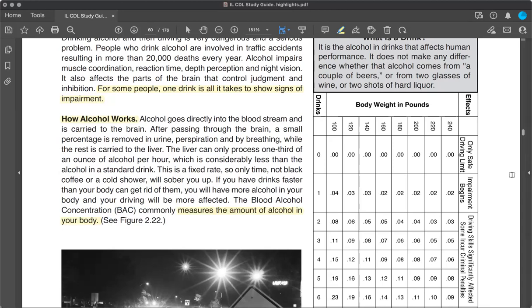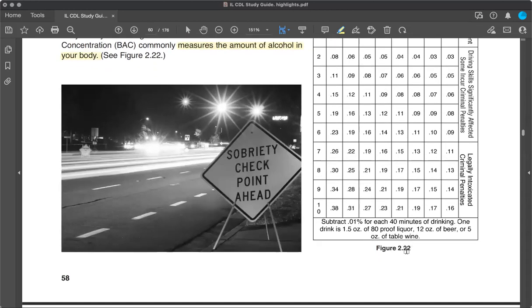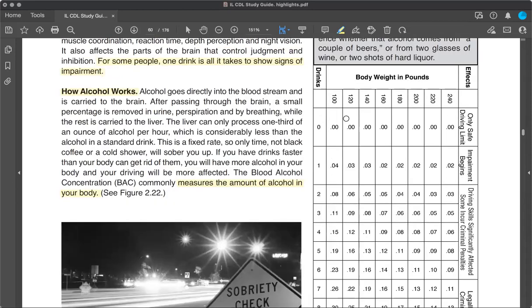So also, when you look over at this chart to the right, figure 2.22, I just thought this was interesting. I don't necessarily know if this is on the test or not, but if you look at all the zeros at the very top line there, and then you see over to the right, the effects, it says this is the only safe driving limit. So 0.